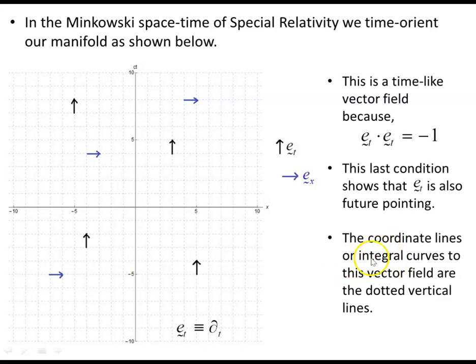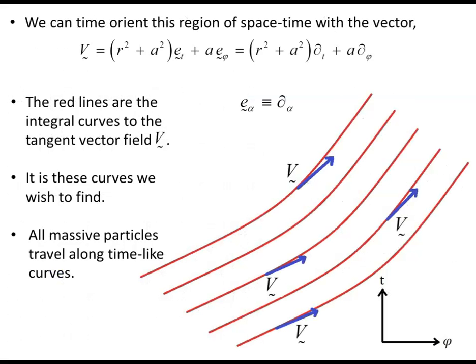Now the coordinate lines or the integral curves to this vector field are the dotted vertical lines here for the case of the time-like vector field. All right, so that's how we time orient the Minkowski space-time. And we want to look at now within the ring singularity, how we're going to time orient that region inside the ring singularity.